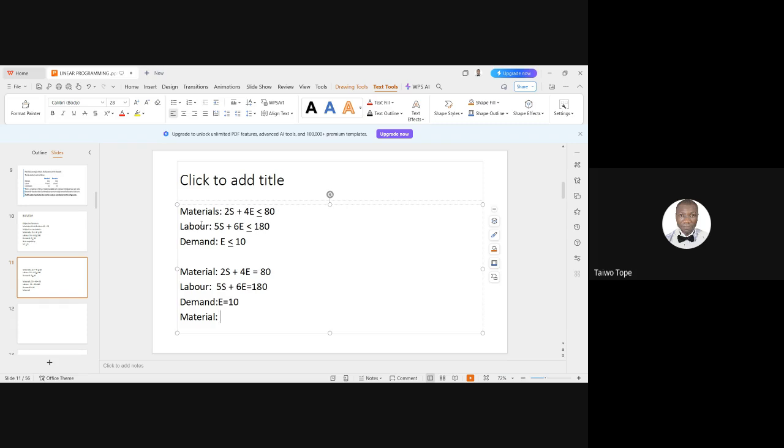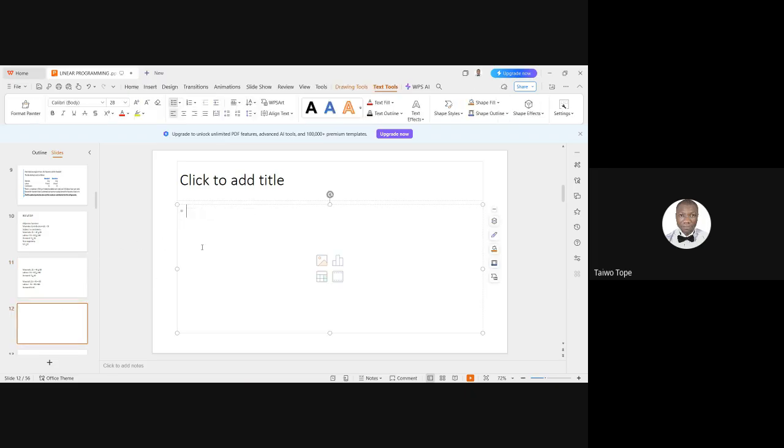Material is equation 1, labor will be equation 2. The demand is already defined. The value of E is 10, so there is no unknown in that limitation.